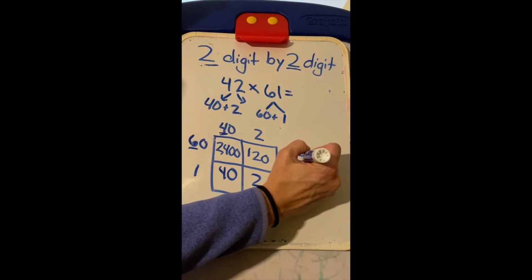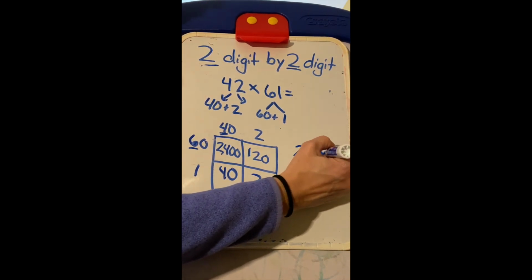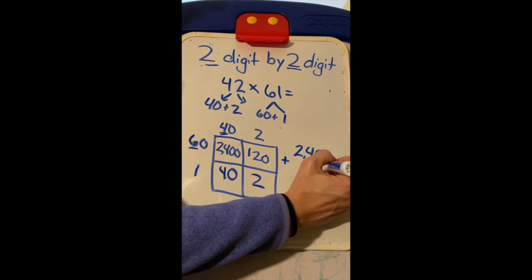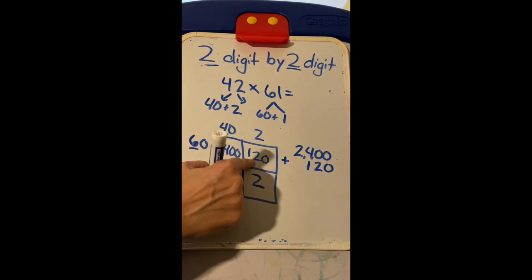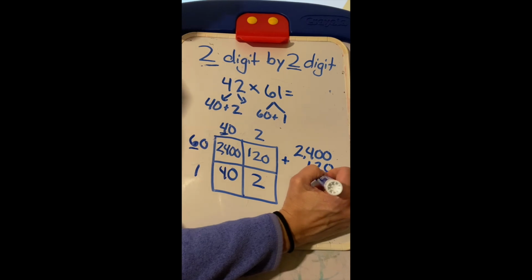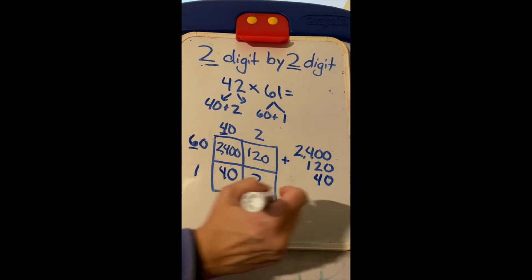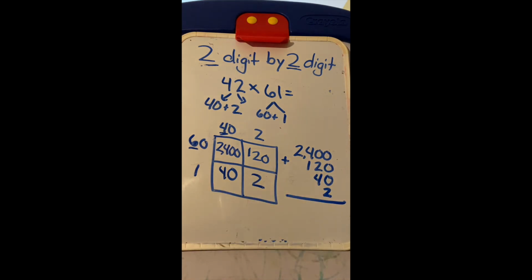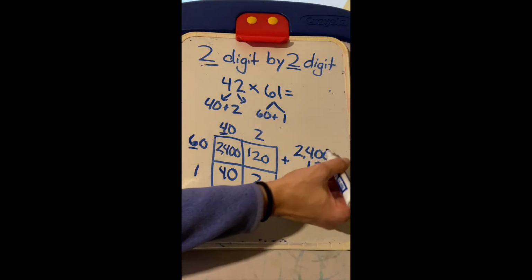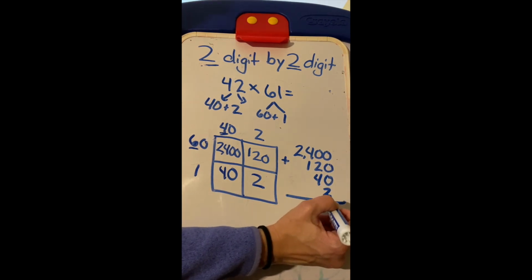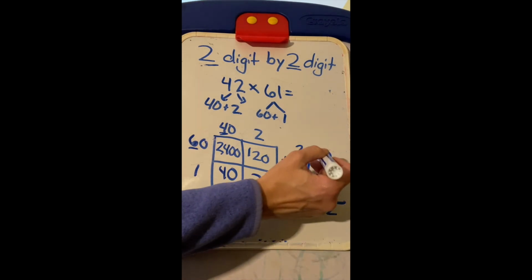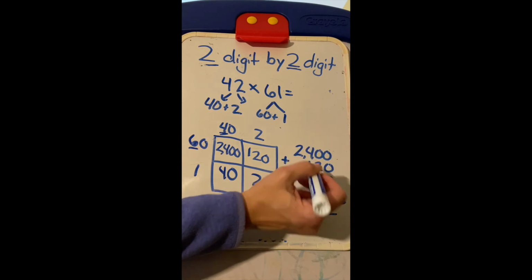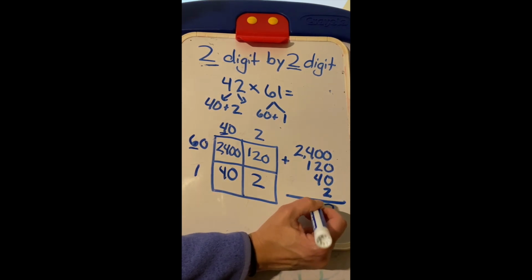So I have 2,400 plus 120, that's that one, plus 40 plus 2. Again, make sure you line up your columns correctly. Okay, so 0, 0, 0, and 2, that is 2. 0, 2, and 4, that is 6. 4 plus 1, that is 5.